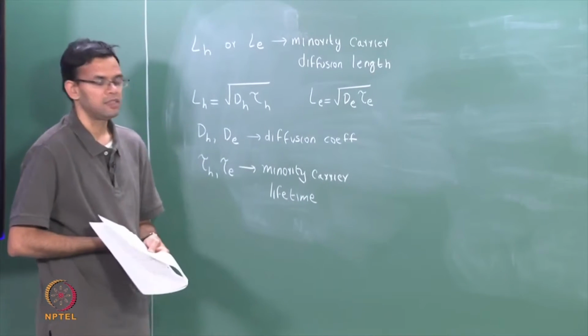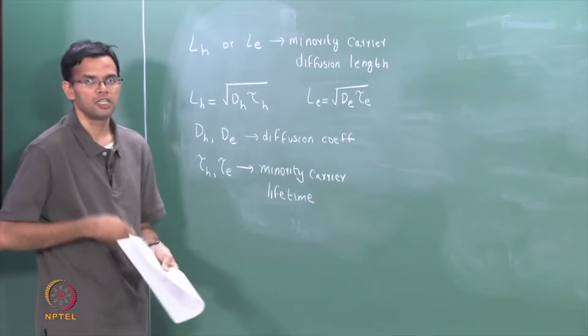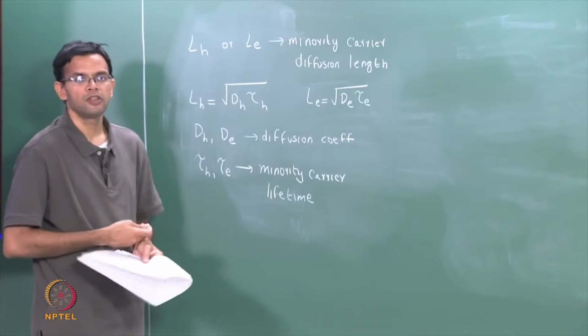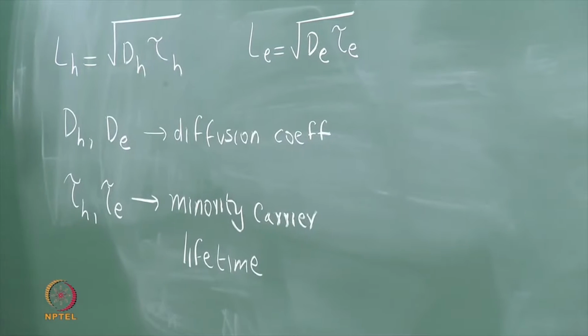So, these define the time the electrons and holes can travel in the material before they get recombined and destroyed.